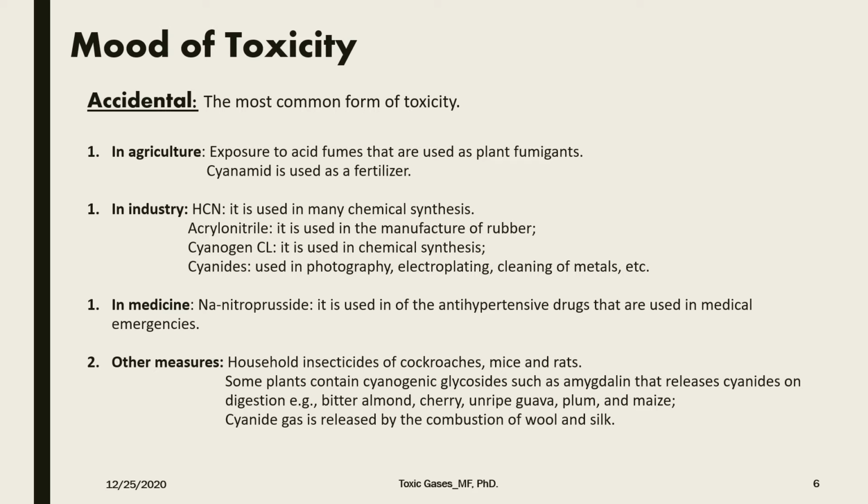Also, cyanide gas is released by the combustion of wool and silk. So in accidental fires with a lot of fabrics such as wool and silk, firefighters will be exposed to these fumes.